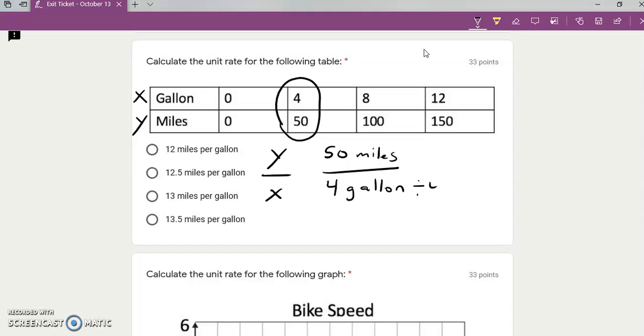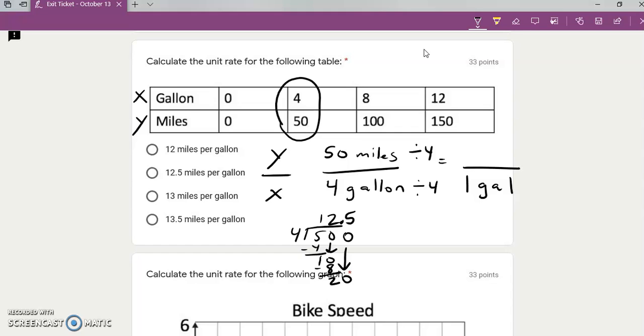So in order to get a denominator of 1, I have to divide the top and the bottom by 4. So this would be 1 gallon. And then 50 divided by 4. So 4 goes into 50 12 times, that's 48 with the 2 left over. I bring down the 0 and that's 20, and that would be 5 and 0.